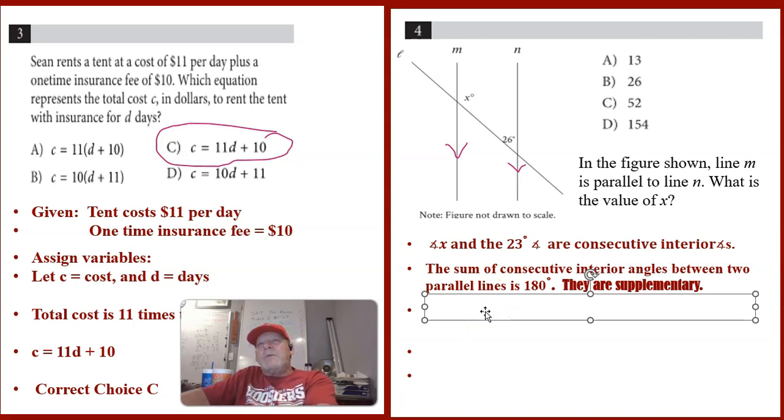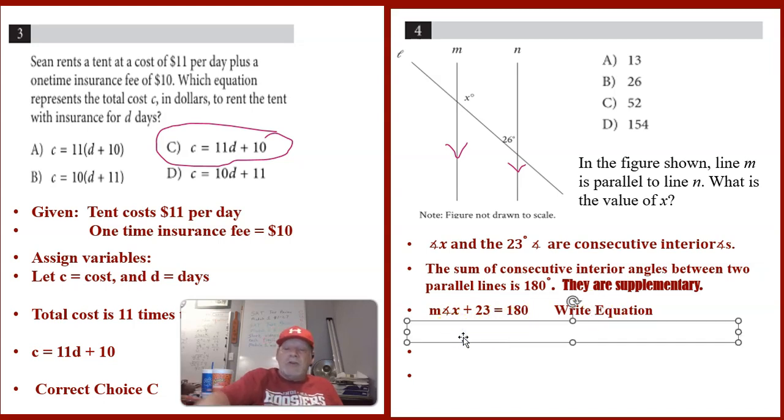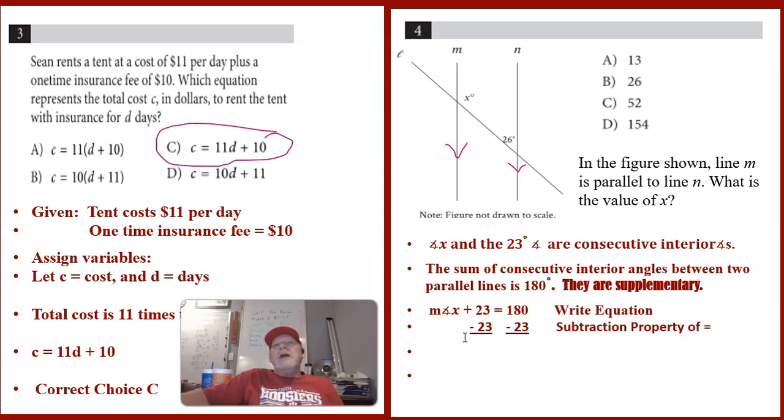All right, if they're supplementary, it means their sum is 180. So I can take M, which means measure of angle X plus 23 equals 180 in writing the equation. Now I solve it using the subtraction property of equality, just like I did in an earlier problem. So I subtract 23 from both sides and it crosses out here.